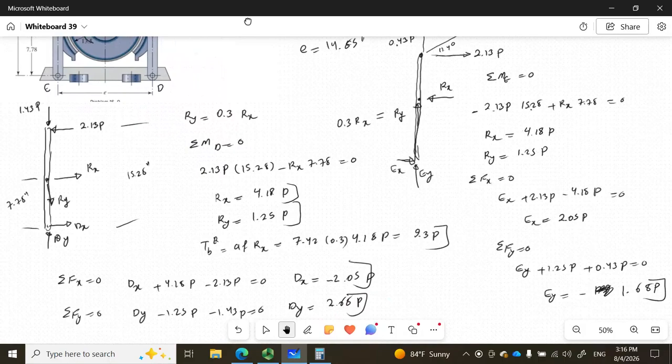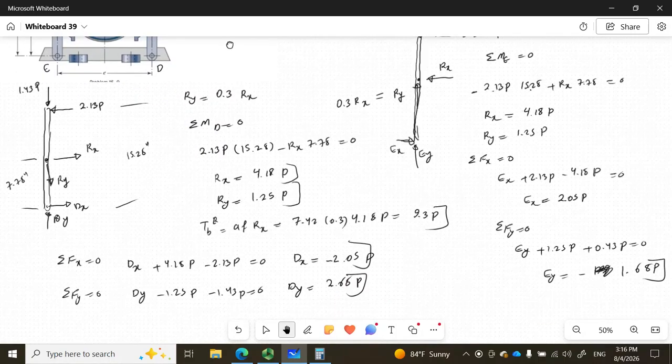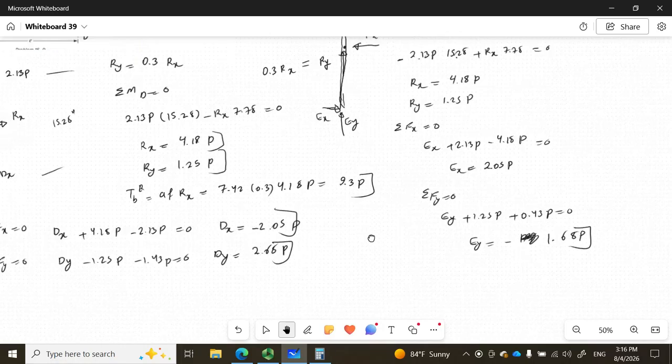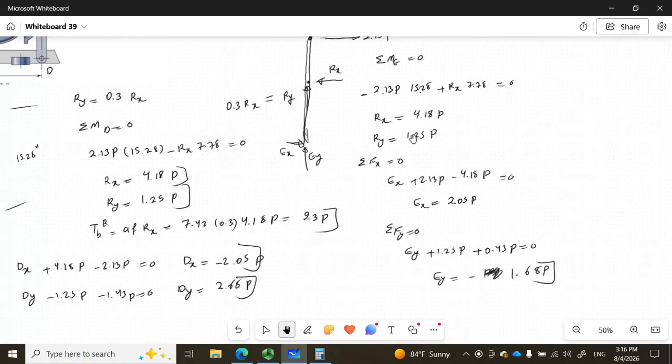Okay, so the braking torque. By the way, let me find the braking torque for the left side. Again, it's going to have this AFRx. Since Rx is the same, it's going to be 9.32. So the braking torque on the left side is going to be 9.32 times the P2.